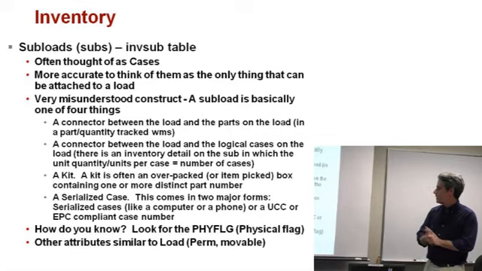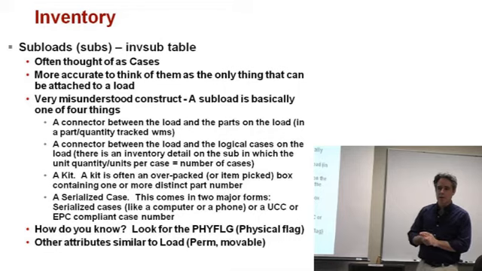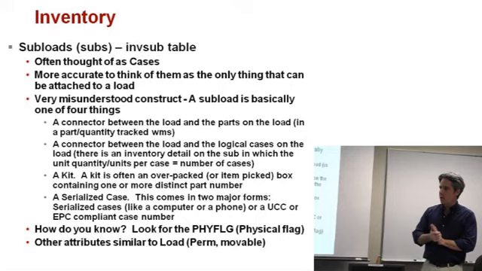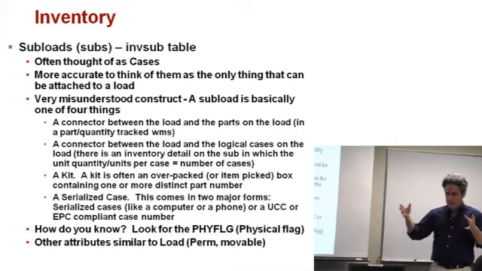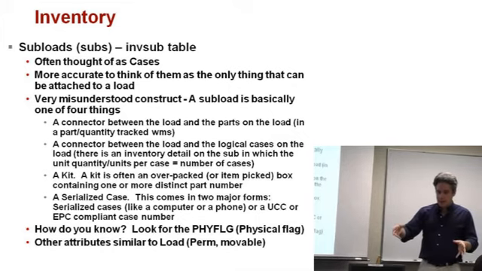Now, there are two ways to look at totes. You can look at totes as loads, which is the easiest thing. You can also look at totes as subs if you need to. For instance, we've done situations where we move totes all over the place, and normally we like to think of them as loads because it's easier for us to deal with.